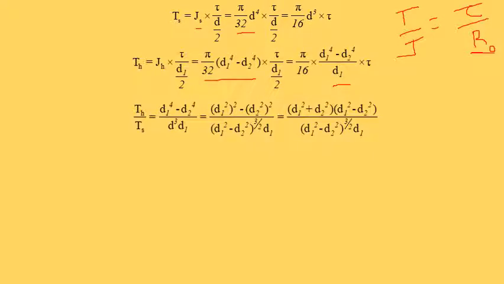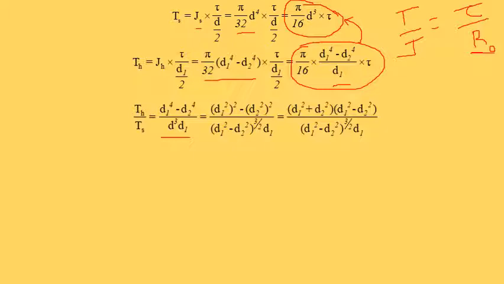Now I'm going to divide Th by Ts. After dividing this Th equation by this Ts equation, we got this value: d1 power 4 minus d2 power 4 divided by d cube into d1.